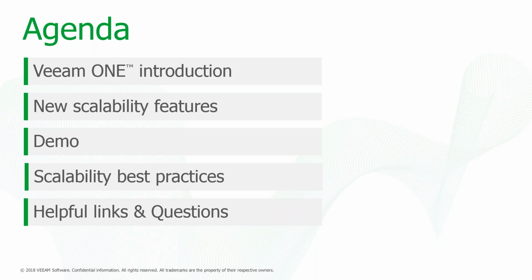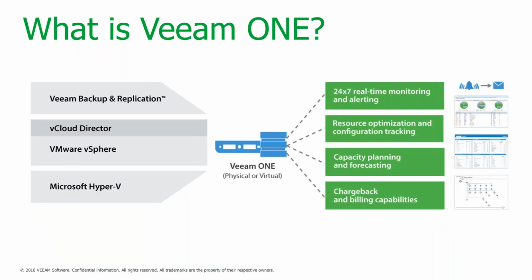Moving on to what is Veeam ONE? Veeam ONE is a monitoring, capacity planning, and reporting tool. It takes metrics from VMware vSphere, vCloud Director, Microsoft Hyper-V, and of course Veeam Backup and Replication. Once we've run those metrics through the Veeam ONE engine, it produces 24/7 real-time monitoring and alerting, able to trigger alarms based on things such as VM performance and backup status to help avoid downtime.